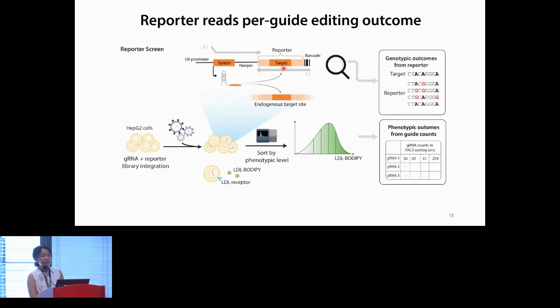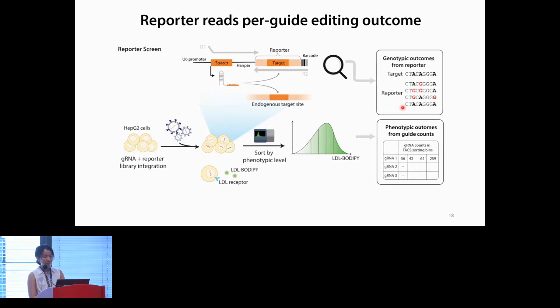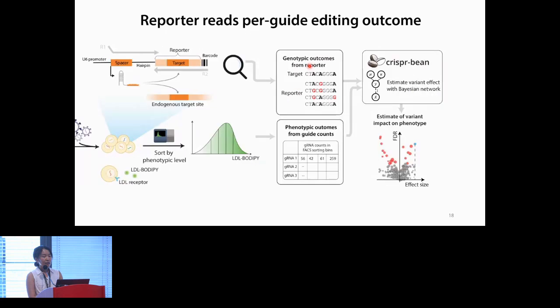And as we are reading out the editing outcome from the reporter, now we have this other layer of information of what is actually happening in the endogenous site. And we also developed a software called CRISPR-Bean, which can account for both of this information for better estimation of variant impact. Now I will briefly go over how this method works.